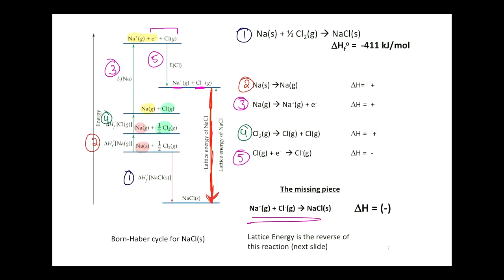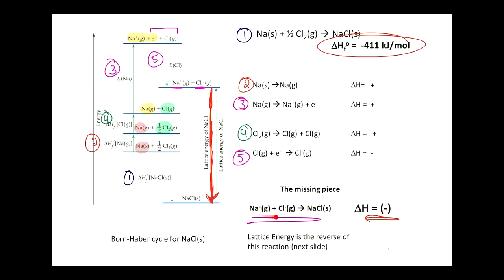So it's the idea we're bringing these charged particles together. They're highly attracted towards one another. We're bringing them really close in space because it's in the solid phase. All right, and we get a ton of energy back when that happens. And so that's the negative enthalpy piece that we were missing. And that's why this overall reaction is highly exothermic, because we were missing this idea.